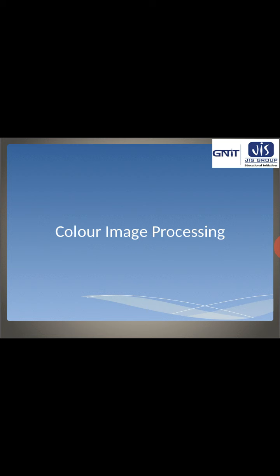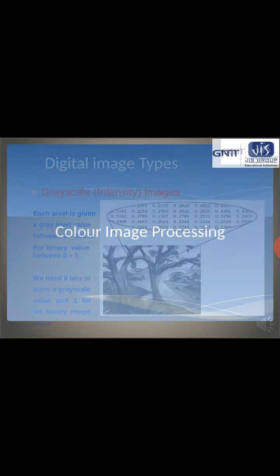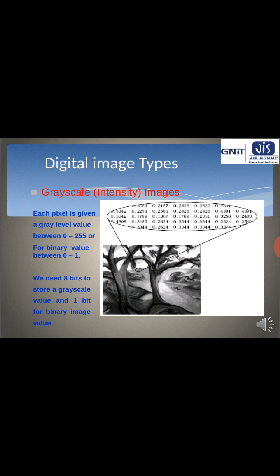And there are different types of color models. So before starting different types of image processing on color images, we have to remember all those different types of images: binary image, grayscale image, and color image. Here we can see a grayscale image having different gray shades between black and white.